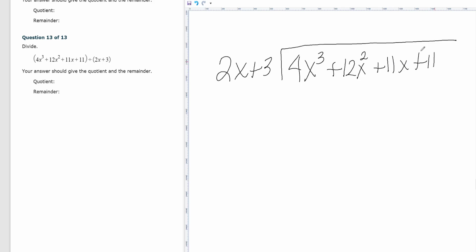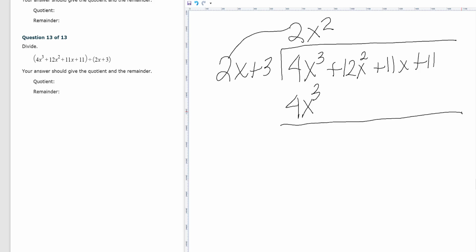Start by ignoring the 3 and just going with the 2x. Well, to get a 4x cubed here, which is what I have to have, I need a 2 times a 2. I need an x squared times the x. That's my 4x cubed. Then I have to remember it also gets multiplied times this 3.